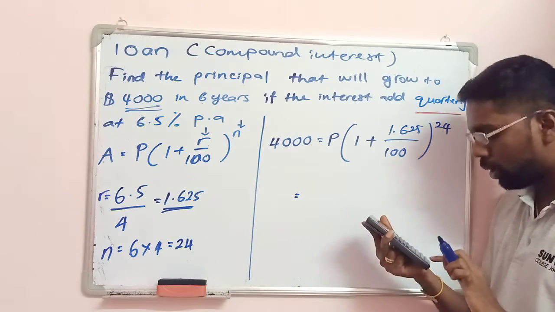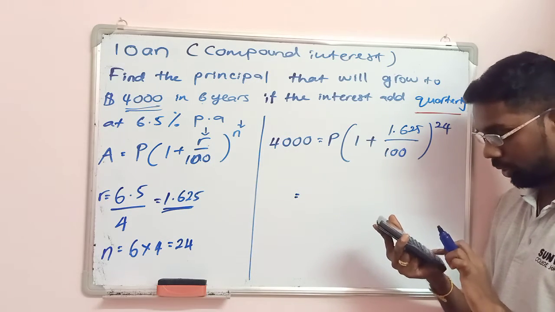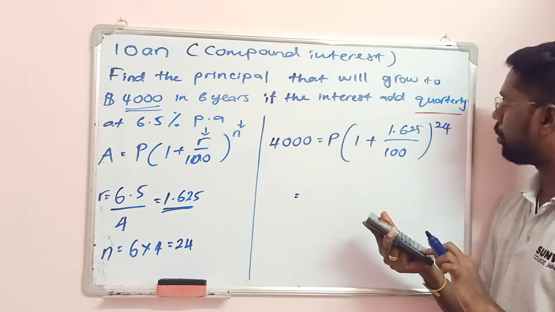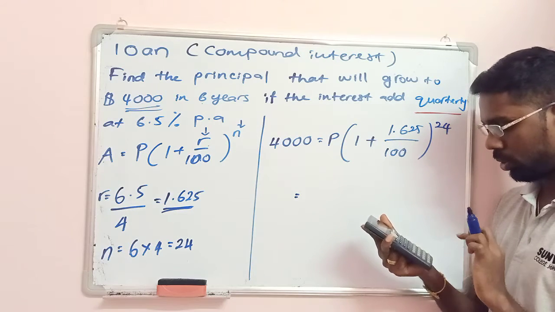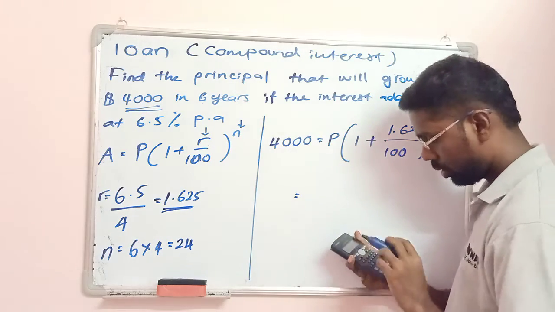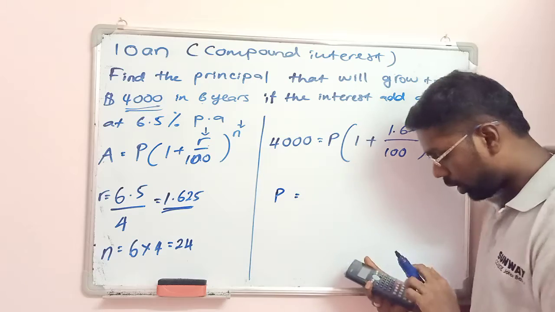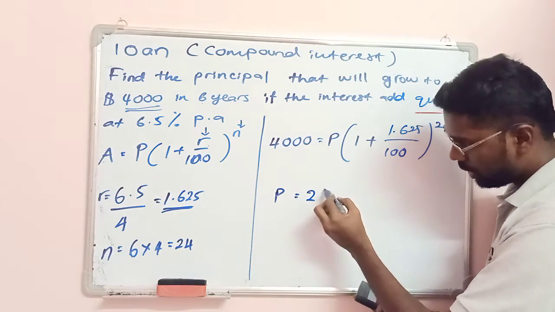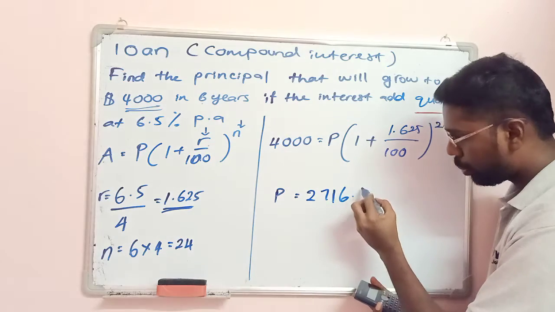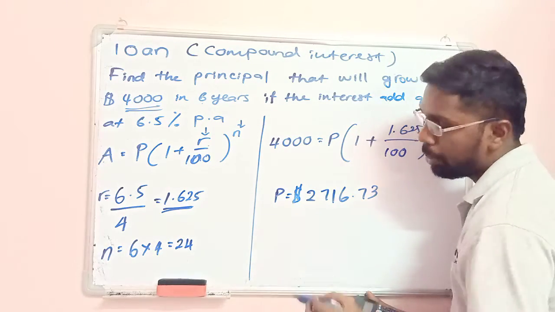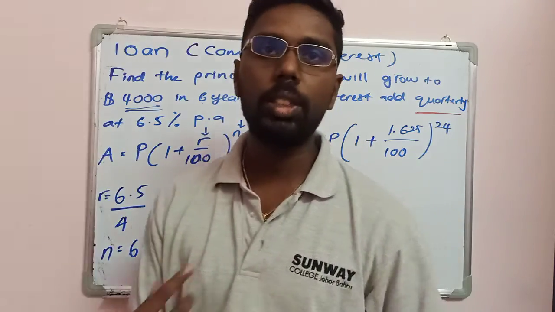Therefore, your principal is 4,000 divided by 1.01625 power of 24, which is 2716.73. So this will be the principal value that you deposited to the account.